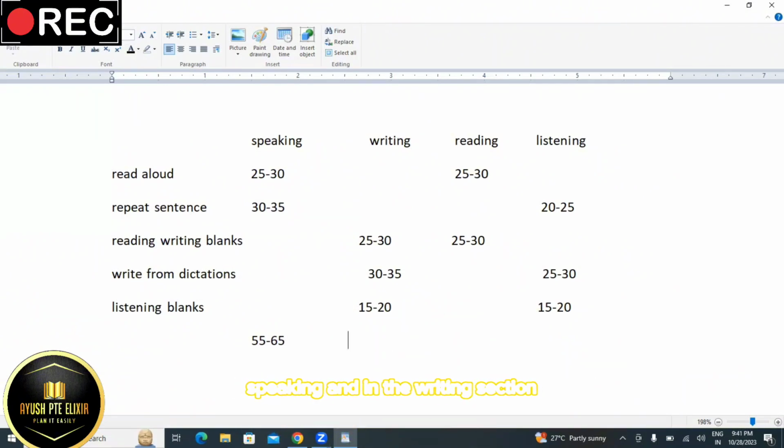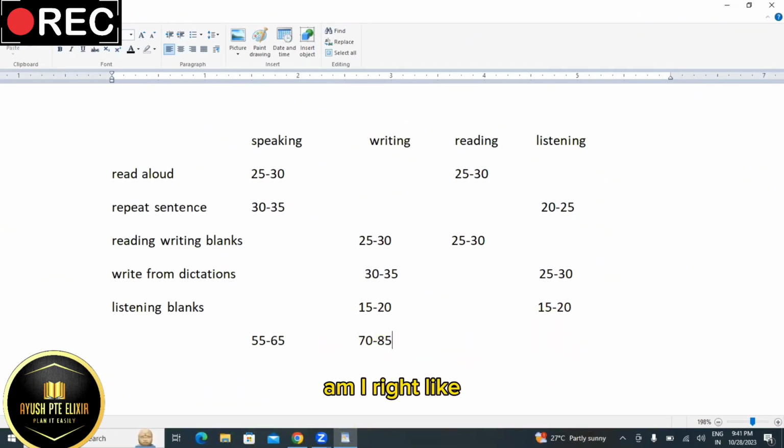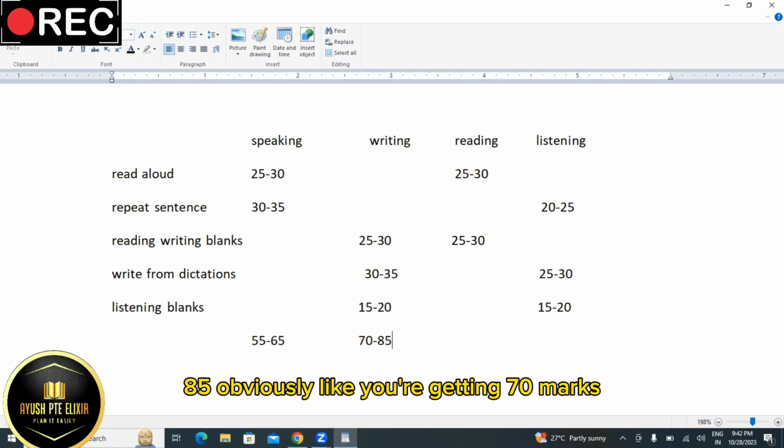And in the writing section, if you count the lower limit, it becomes 25 and 30, 55 and 15, 70, and up to 85. Obviously you're getting at least 70 marks, like 7 plus bands, just from 3 tasks.